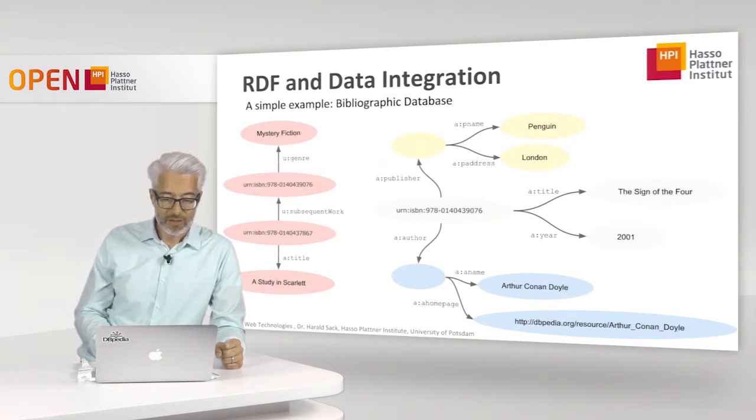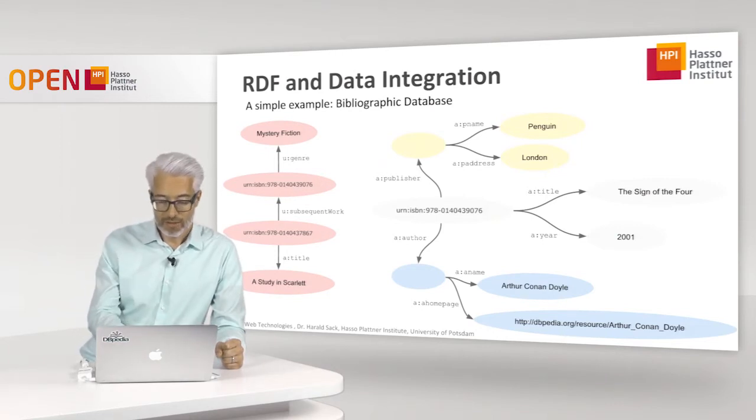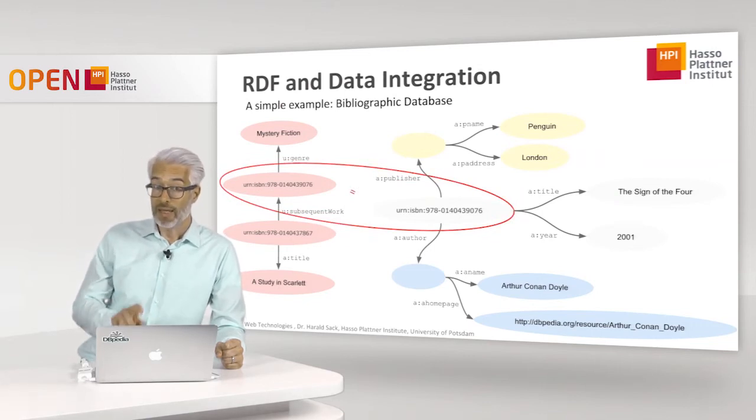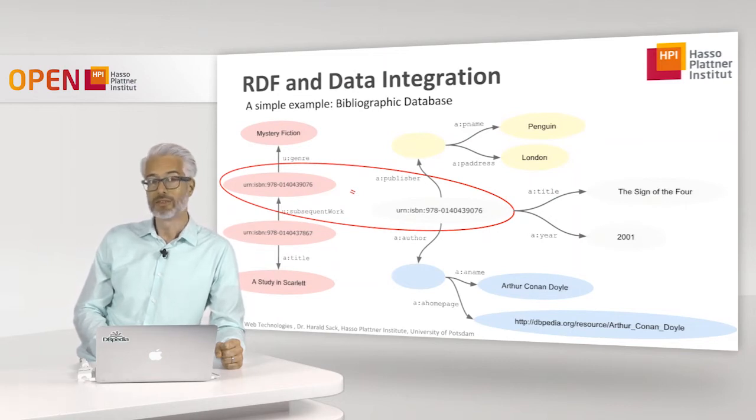And as we see here, the ISBN numbers here actually are the same. And if you happen to see 2 identical URIs within 2 different data structures, you can use this automatically as a point for data integration, because you can unify these nodes.